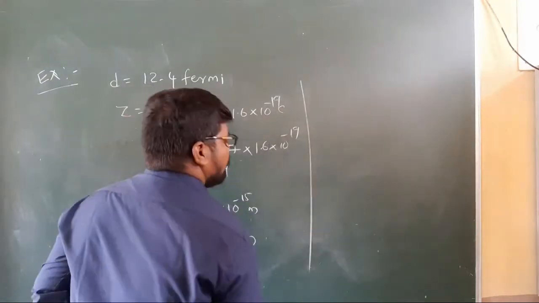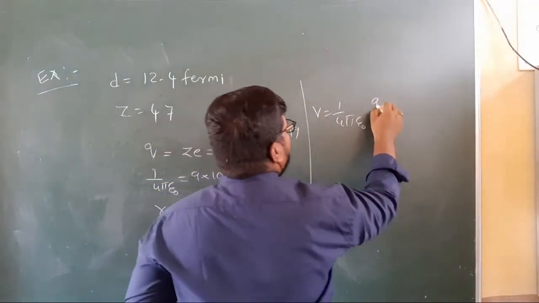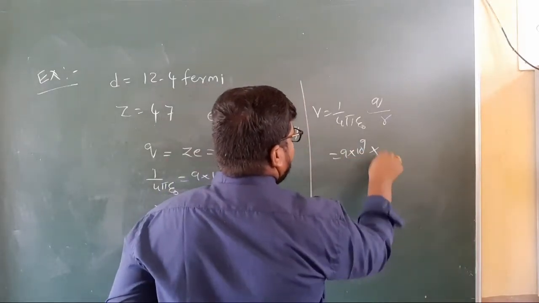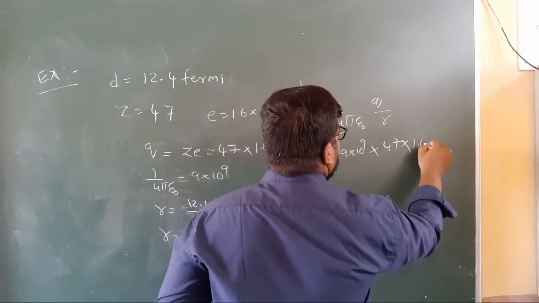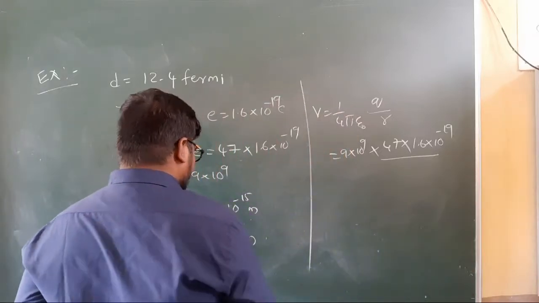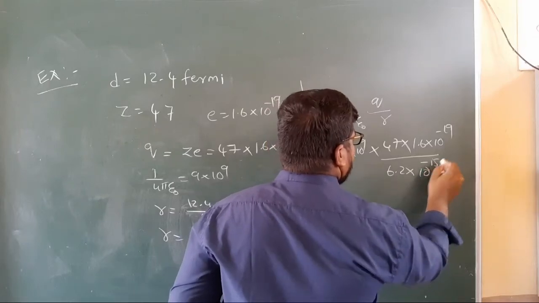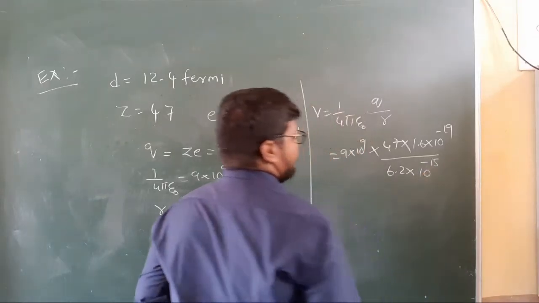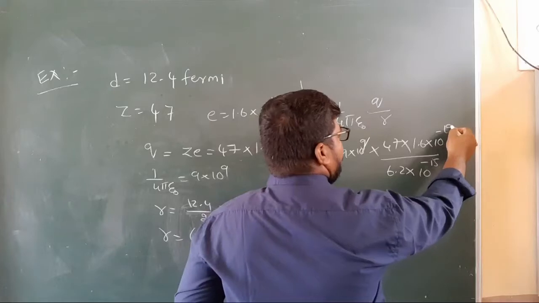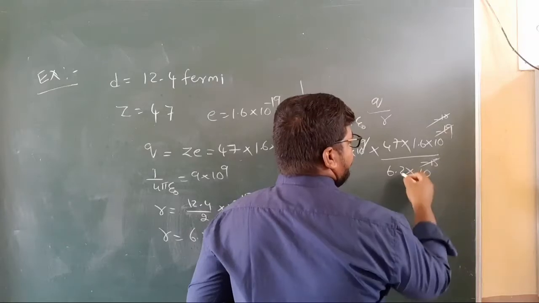So what is the required formula here? V is equal to 1 by 4 pi epsilon naught Q by r. So 9 into 10 power 9, my children, into 47 into 1.6 into 10 power minus 19, divided by the radius 6.2 into 10 power minus 15. Rearrange this: 9 here, 10 power minus 19 and minus 15 leaves minus 5.